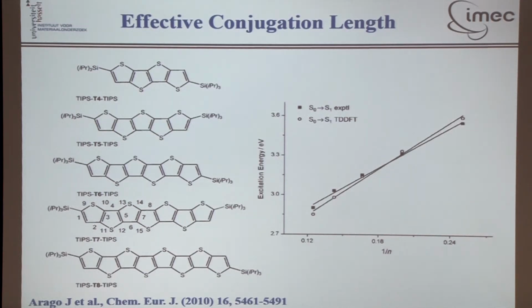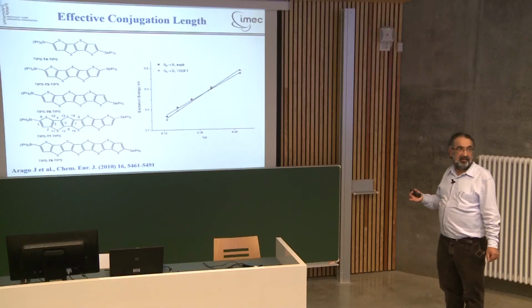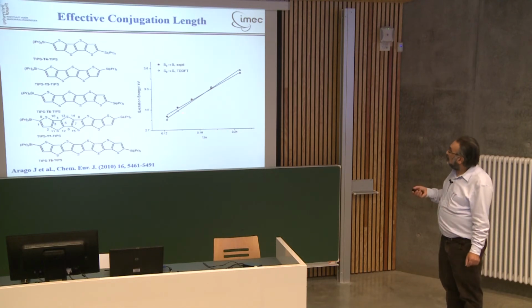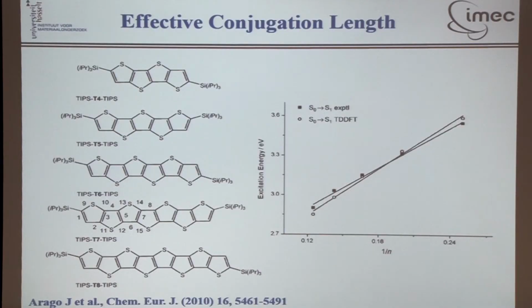Typically, you get a straight line. And the straight line means, because it's the inverse of the chain length, that this is a function that saturates. So even for this system, you get this straight relationship. And here it's also theoretically modeled. This is a theoretical modeling, and okay, it's a little bit different, but still it's quite similar. So also here you see this effect.